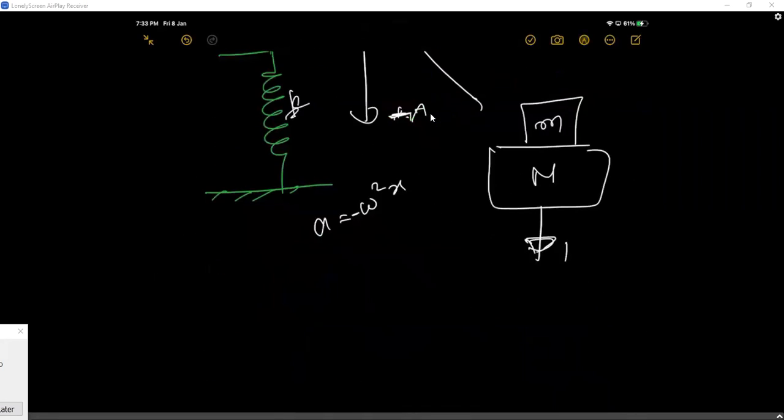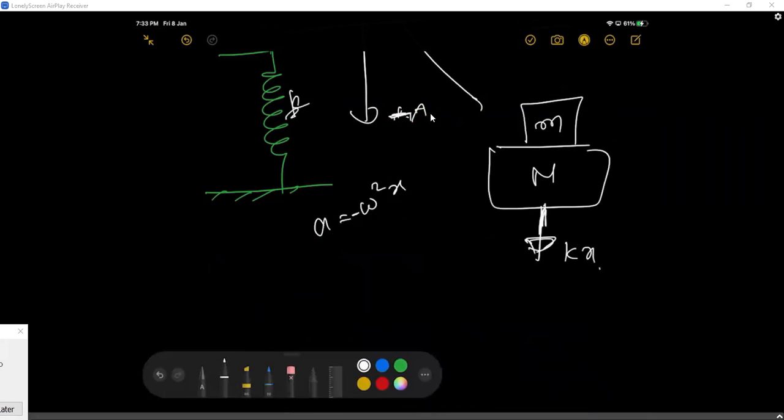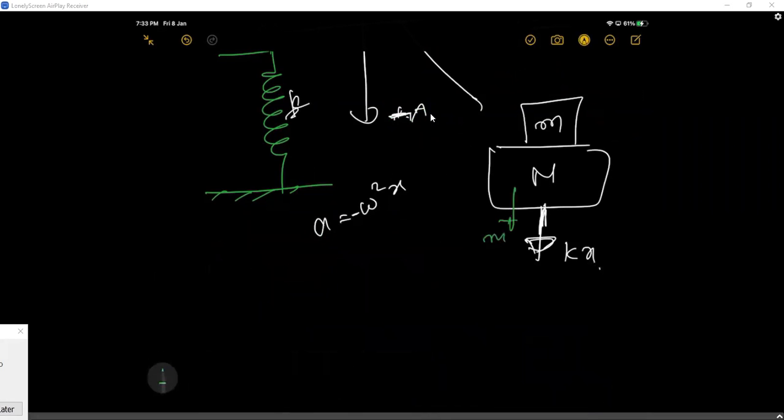So there is a spring force acting on the lower block, and then there is gravity, capital Mg, small mg gravity, normal force. The normal forces act in different directions.